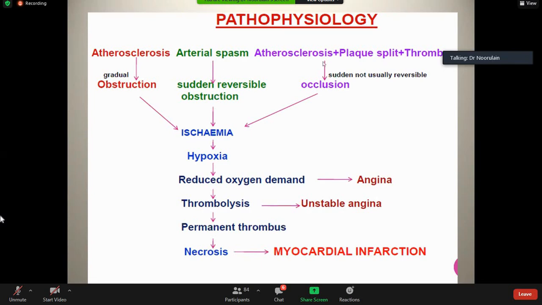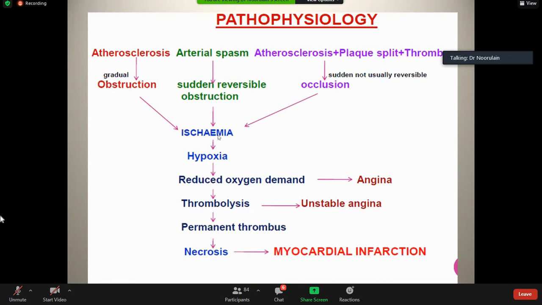If there's atherosclerosis with plaque formation and a plaque split, followed by a thrombus or embolus, it is sudden and not usually reversible, causing the occlusion. And all three causes lead to ischemia.